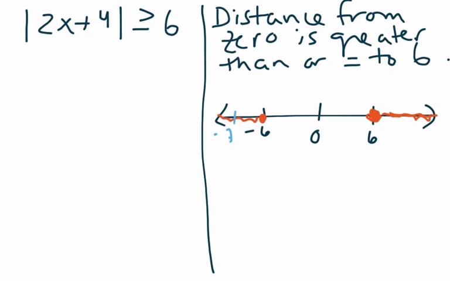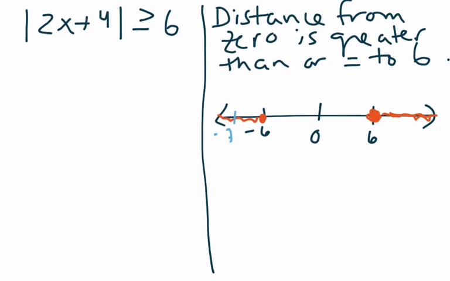If I were to put a ruler down and measure the distance from -7 to 0, it would be 7 units away, and 7 is greater than 6 in terms of the absolute value. That is a bit of a sticking point in terms of how we think of the number line and how we think of greater than and less than.